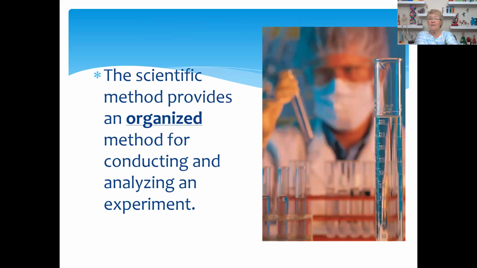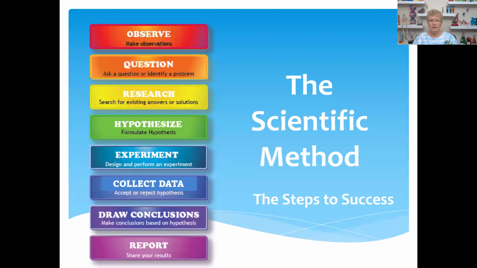So let's break down the steps of the scientific method. It gives us this organized way to conduct and analyze an experiment. Here are the steps again, looking at them right here. Step 1, observe. An observation, basically, that's any information that comes in using your senses. So sight, sound, smell, touch, taste, although be very careful, don't taste things in a science lab.